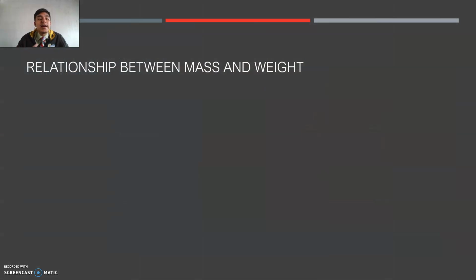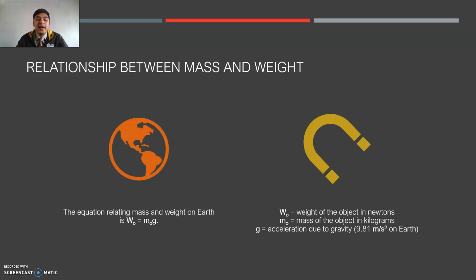So now we're going to analyze a little bit more about the relationship between mass and weight. Here you have the equation relating mass and weight on Earth: weight equals mass times gravity.